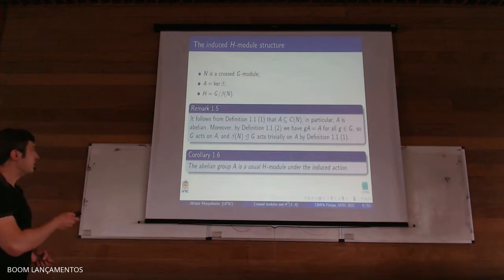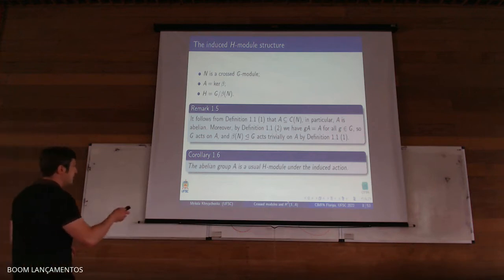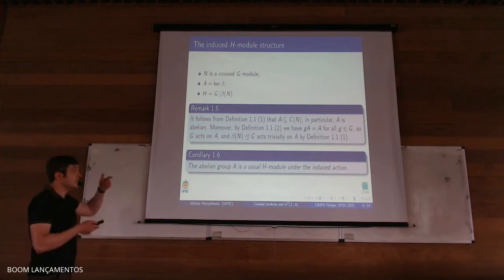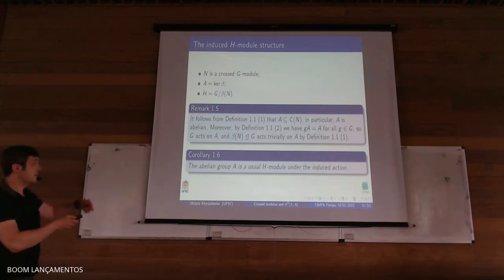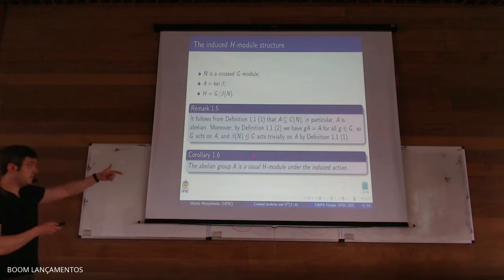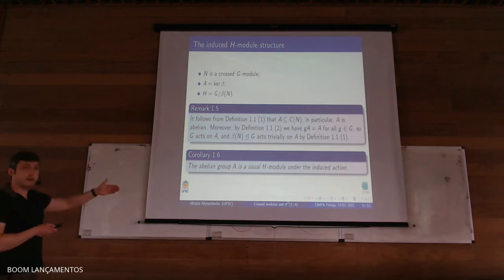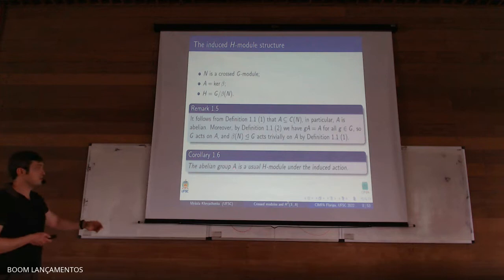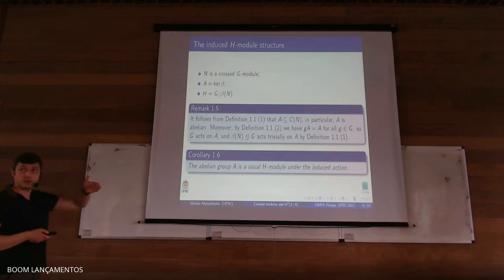Moreover, the image of N under β acts trivially on the elements of A. So you have the quotient H, which acts in the usual sense on A, and A is an abelian group, so you have a usual H-module over A. So starting from a crossed G-module, you have a usual H-module over A, and you have that four-term exact sequence.